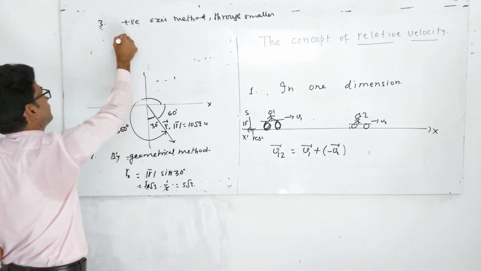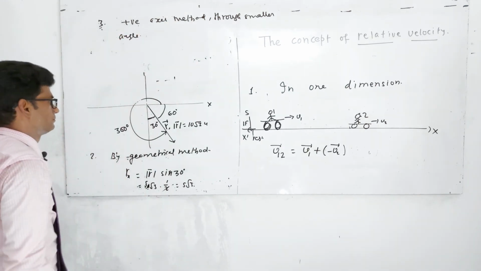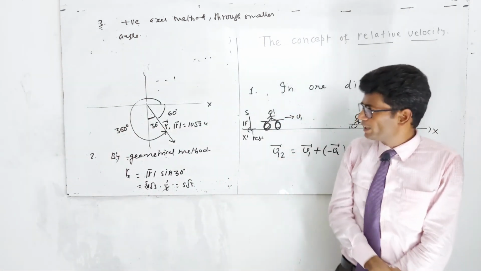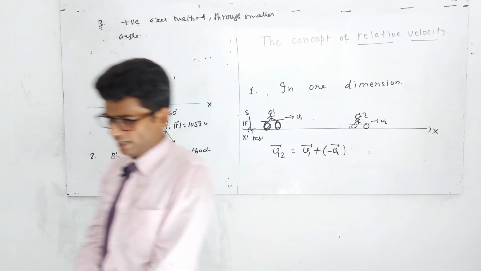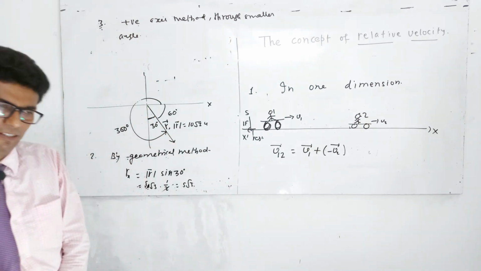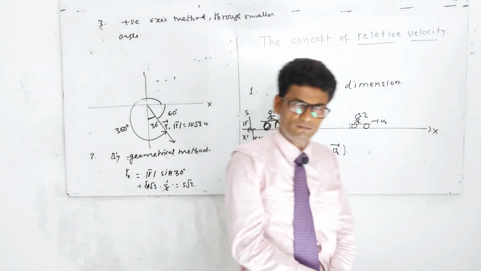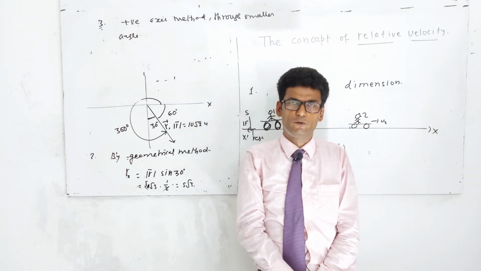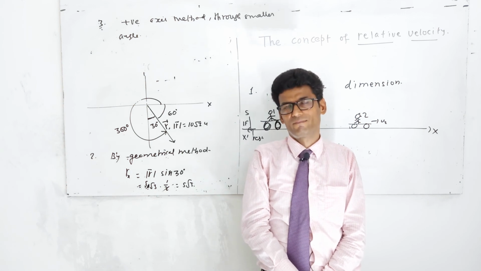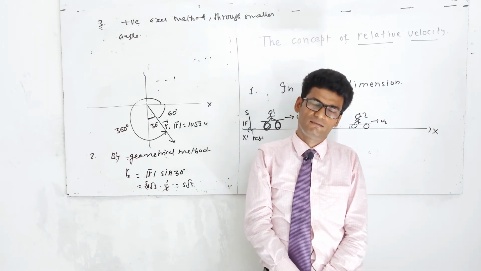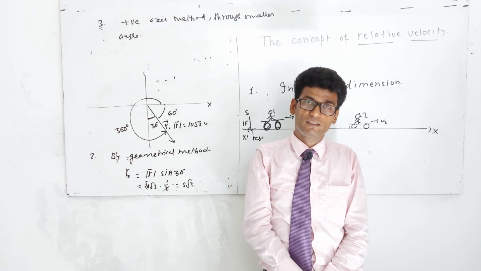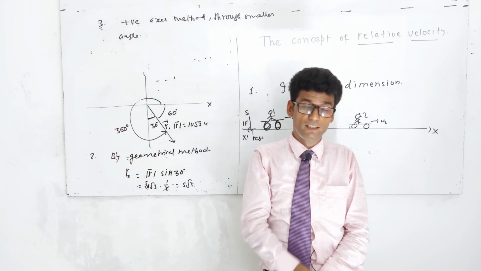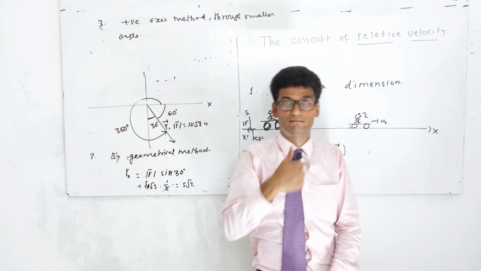So what do we have to do in this method? Firstly, we have to find the angle made by the vector from the positive direction of the x and y axes, and then take in the x component modulus times cos of that angle, and in the y component modulus times cos of that angle.